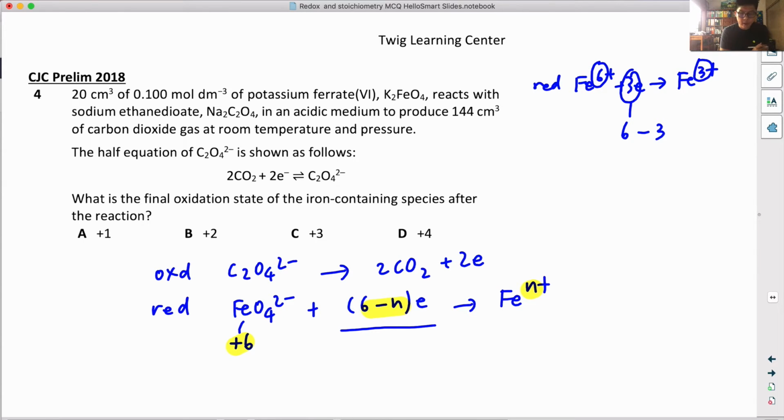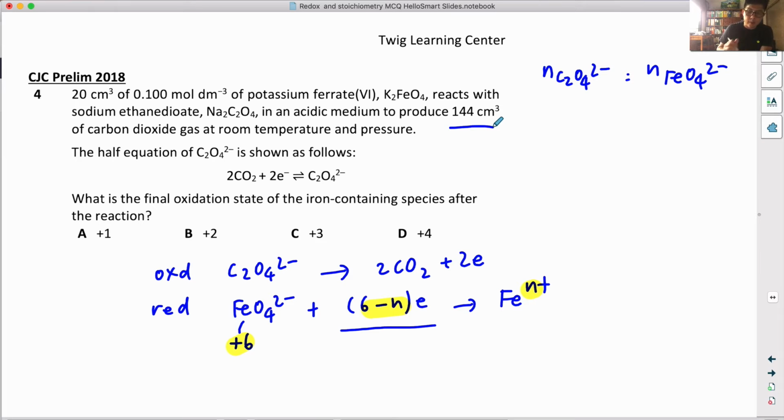Okay, the next thing we need to do is to find the number of moles, the mole ratio of C2O4 2 minus to FeO4 2 minus. But the question gave only the volume of carbon dioxide. If we know the number of moles of carbon dioxide, we will know the number of moles of C2O4 2 minus.